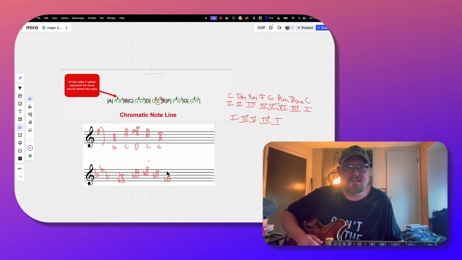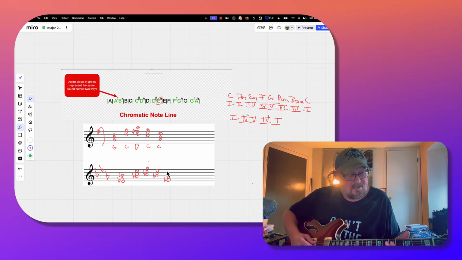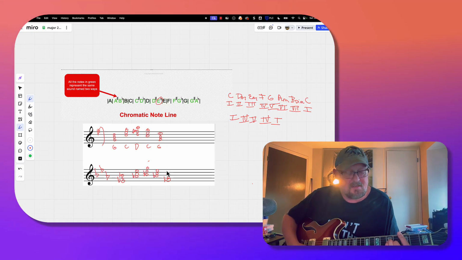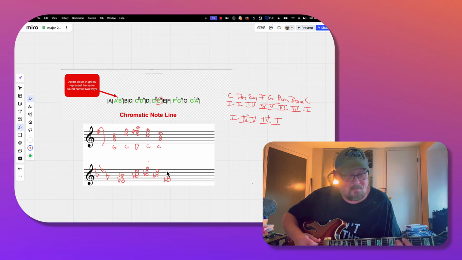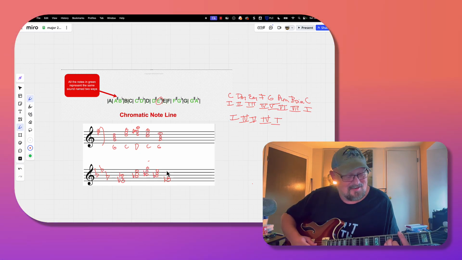Okay, now what if we added a 6 in there? So let's say E flat minor, or E flat major, I'm sorry, and then C minor, and then A flat, and then B flat. Oh, made it a 7th, I should have.